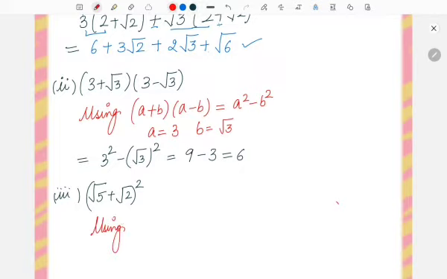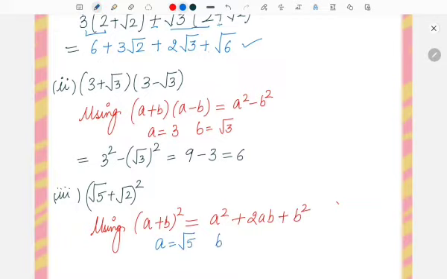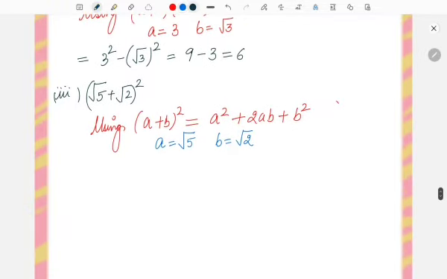If you notice, this is same as a plus b whole square, which is equal to what? A square plus 2ab plus b square. Here a is equal to root 5 and b is equal to root 2. Let's put the values in.